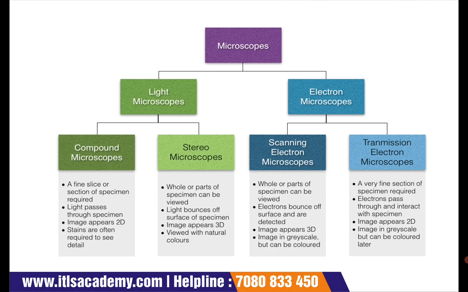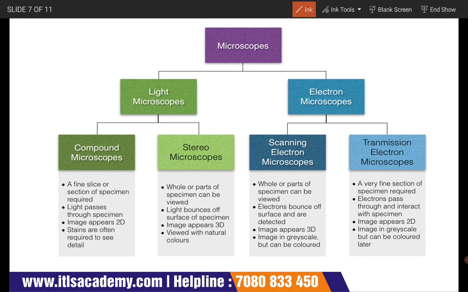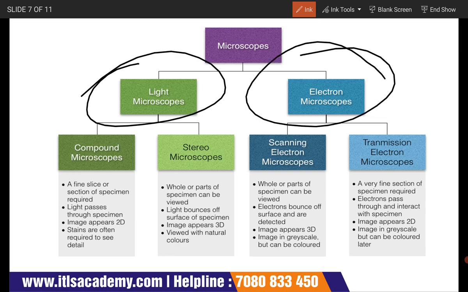Microscopes are of different types, right? If we see the classification of microscopes, microscopes are divided into light microscope and electron microscope, right? The light microscope is further divided into two subcategories: compound microscope and stereo microscope. The compound microscope requires a fine slice, or section, of the specimen.